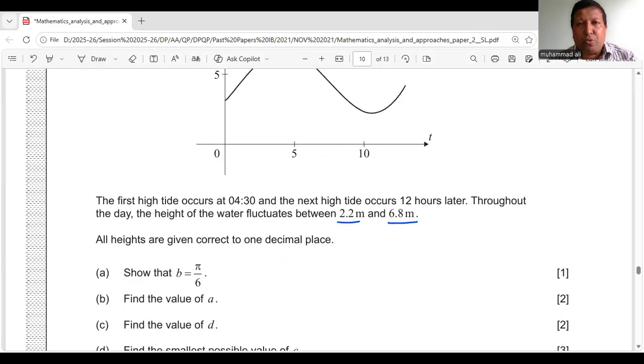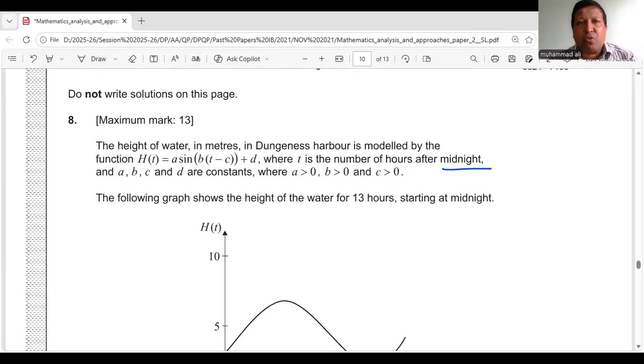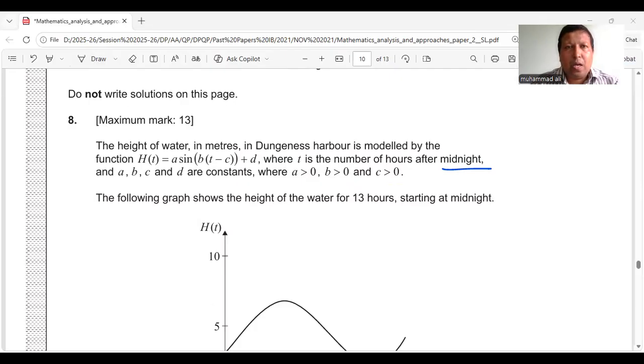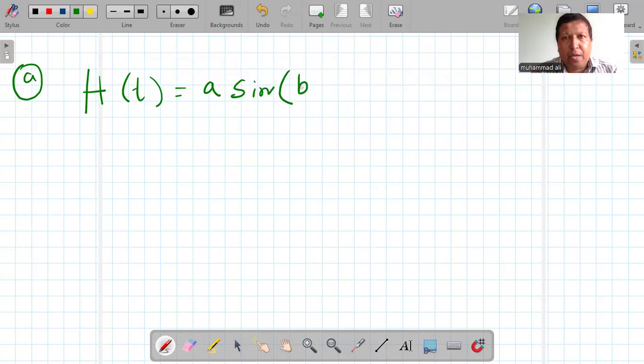So if we want to do this, the function is h(t) = a sin(b(t − c)) + d.